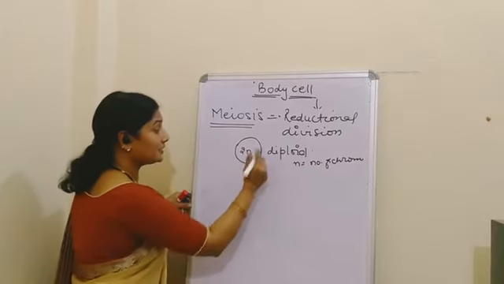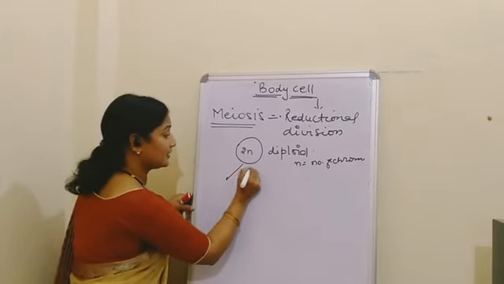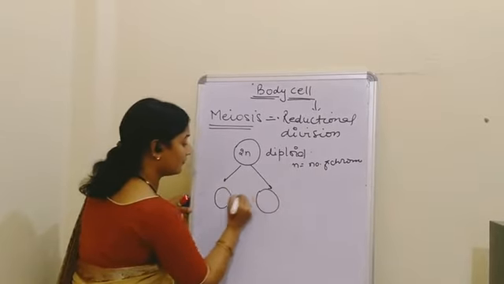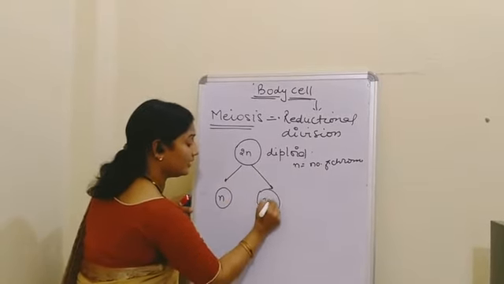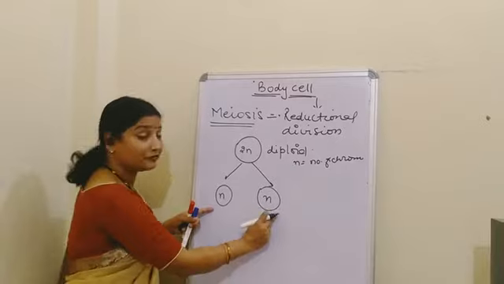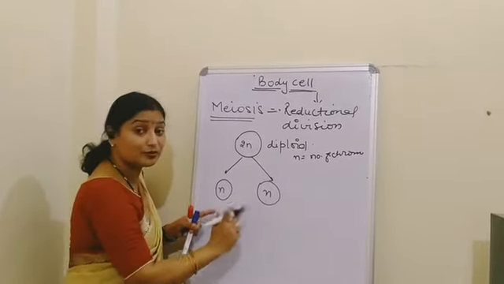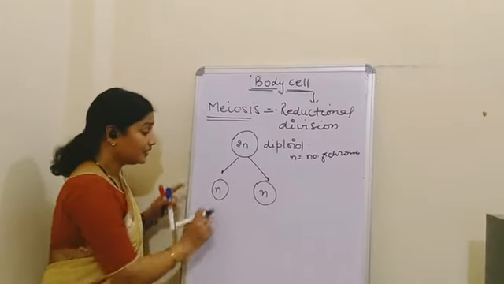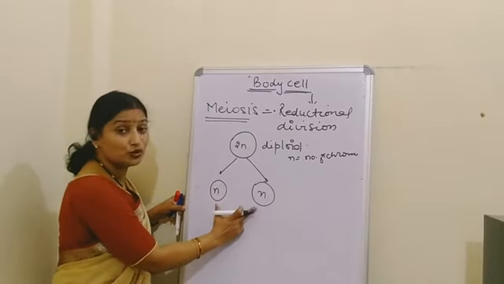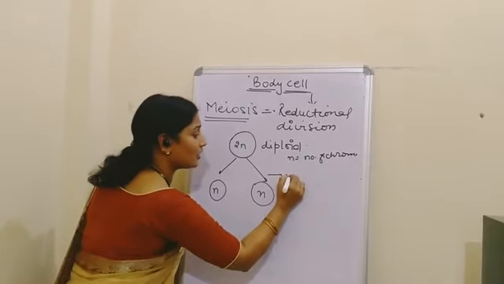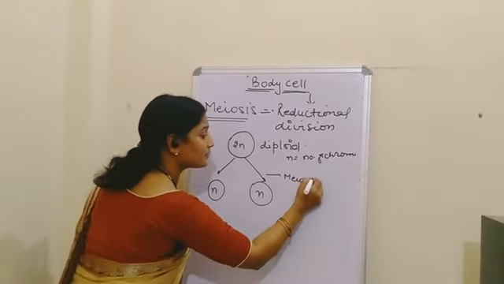Now what happens? The daughter cells become half. n here, n here. See, this is different from mitosis. In the case of mitosis, the number of chromosomes was the same. But here the number of chromosomes has reduced to half. Clear? And this is called meiosis.